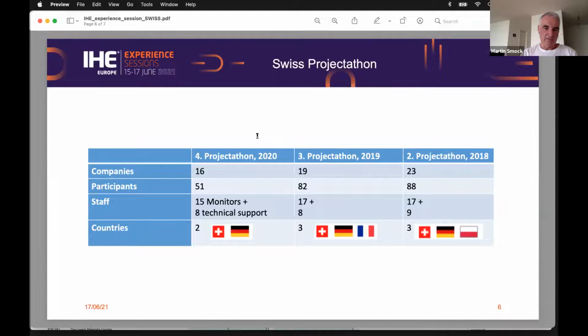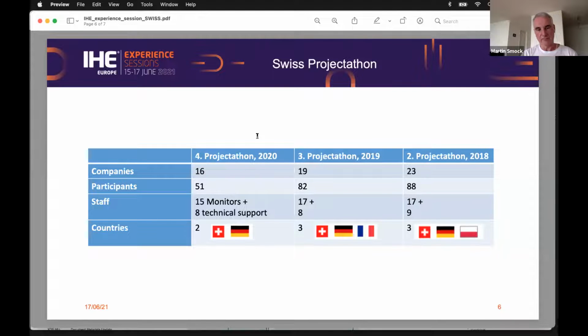The last Projectathon was a little bit slower, had a lower number of companies because of the COVID issues and people could not travel. We need quite a big staff for monitors because we have lots of national extensions to test, and they are all tested in group tests, which are quite hard.